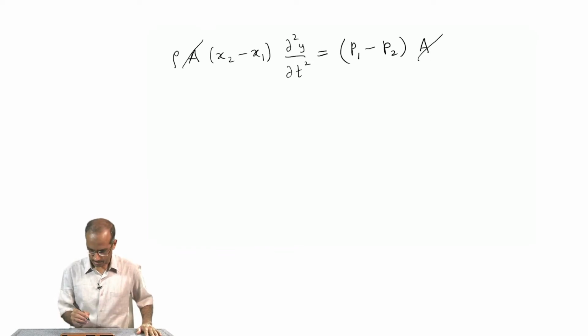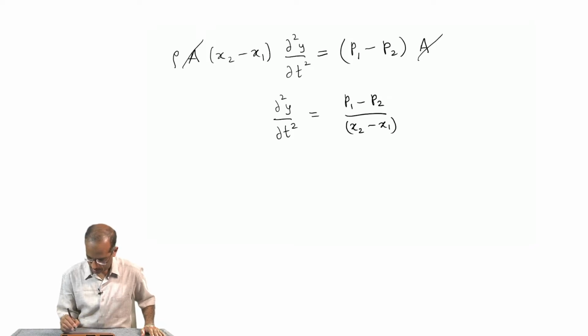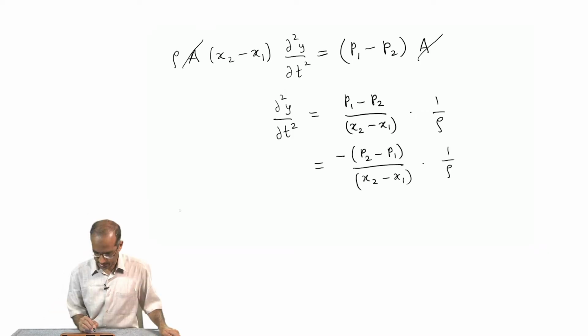So, I should have ∂²y/∂t² equal to (P1 minus P2) divided by (x2 minus x1), and of course, there is 1 by rho. Let us take the limit when x2 minus x1 is much less than 1.